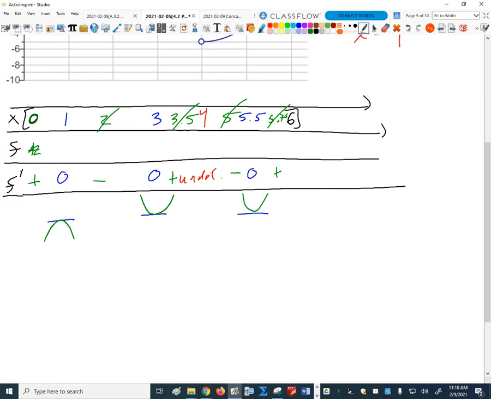Anybody else want to weigh in on that? Look at the derivatives. If we're going from increasing to decreasing, that means a maximum, doesn't it? If we have a positive slope, so it's an increasing function to the left of x equals 4, and it's a decreasing function, so a negative slope to the right of 4, that sounds like a maximum. But because it's an undefined derivative, what type of maximum is it going to be?